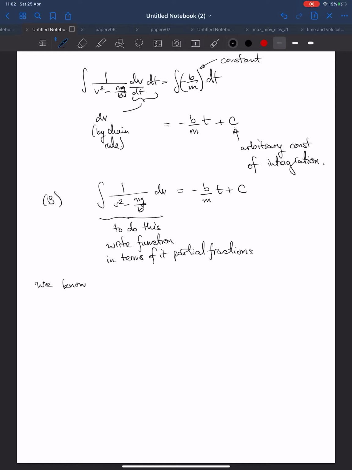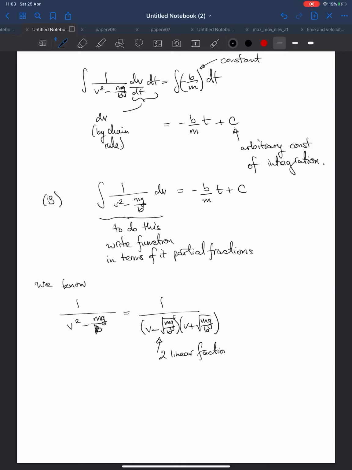So we know that 1 over v squared minus mg over b is equal to 1 over the product of two terms. The denominator is the difference of two squares, so we can write this as the factors. You can check this for yourself. It's pretty standard. And knowing this, we have now two linear factors in the denominator.